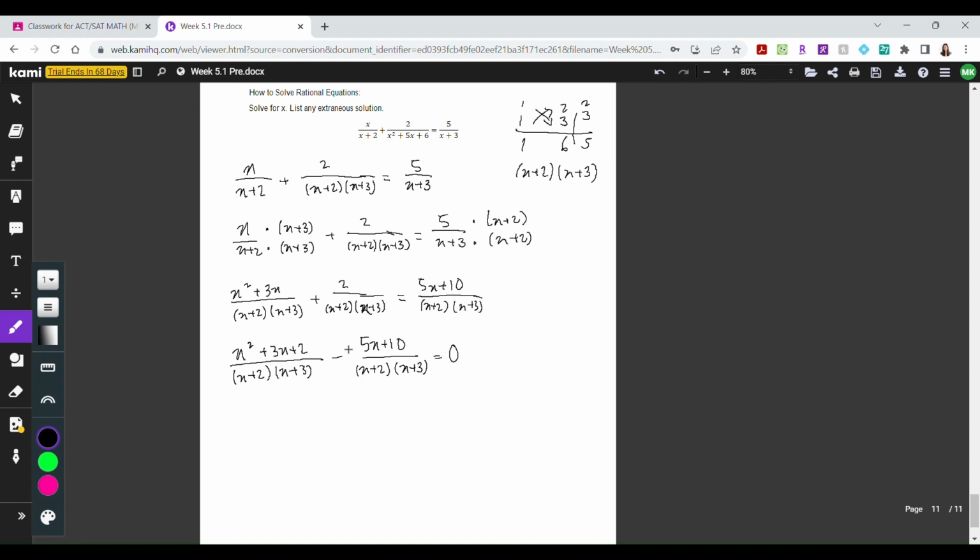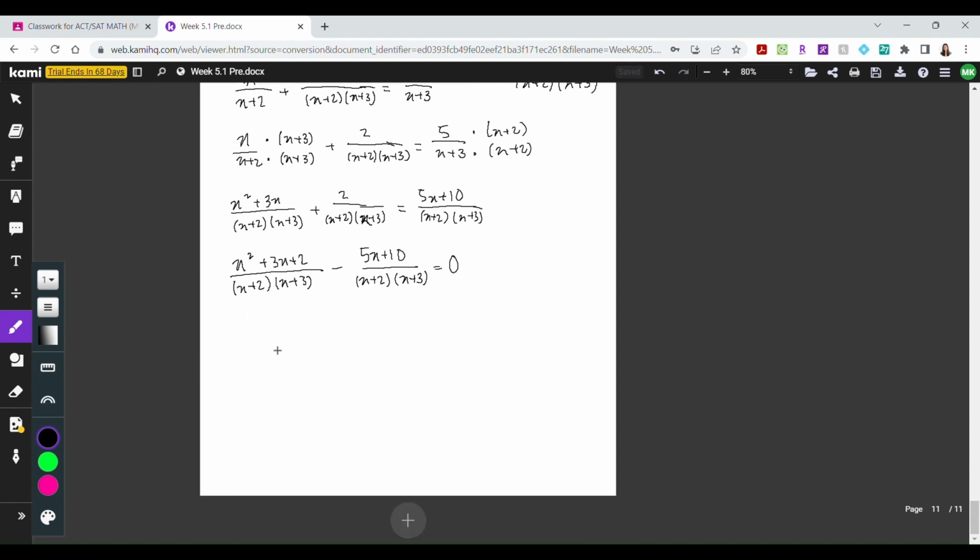Now, because they have the common denominator, I'm going to put the tops all into one big fraction. So that gives me x squared plus 3x plus 2 minus, let's put parentheses because it's a minus sign and it will affect the signs, 5x plus 10, over x plus 2, x plus 3 equals 0.